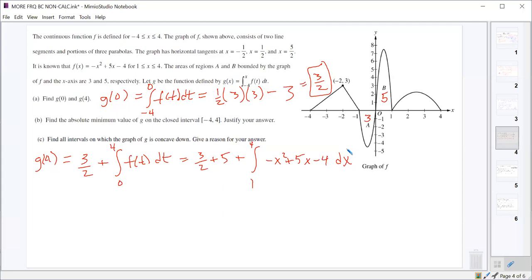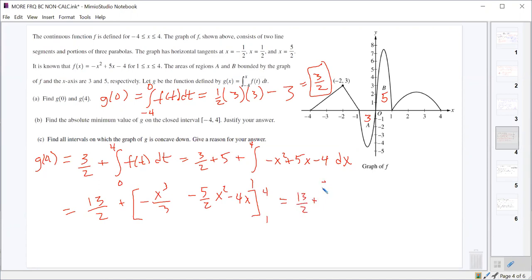And then we'll just go through and evaluate all this. So, 3/2 plus 5 is 13/2 plus negative x cubed over 3 plus 5/2 x squared minus 4x from 1 to 4.